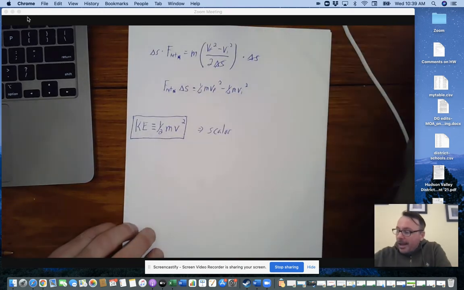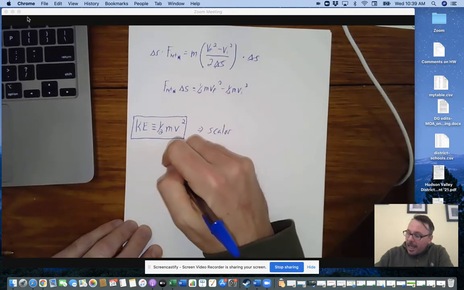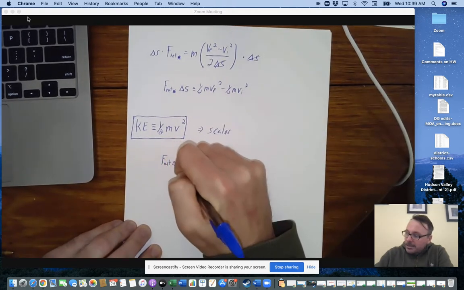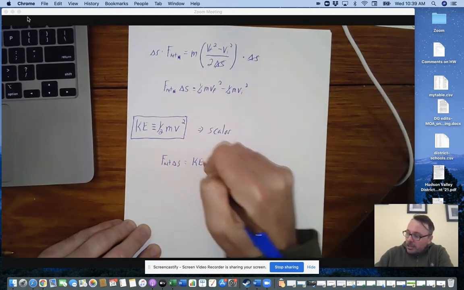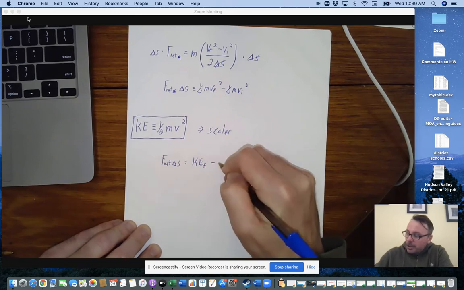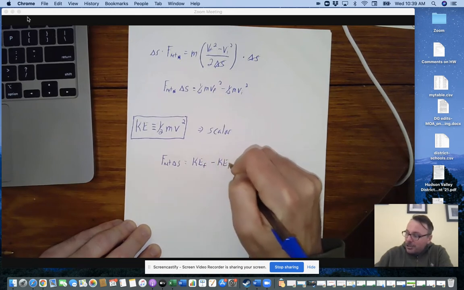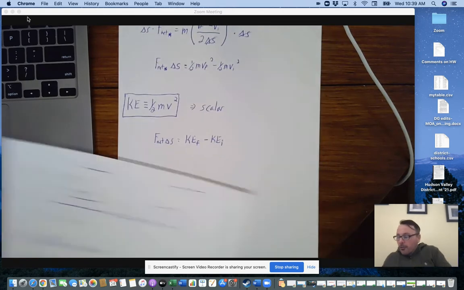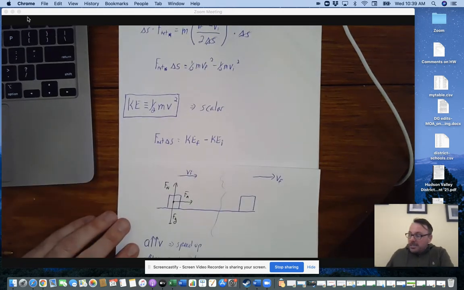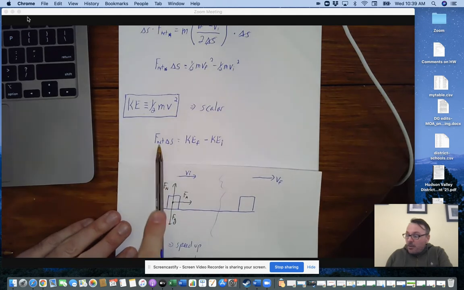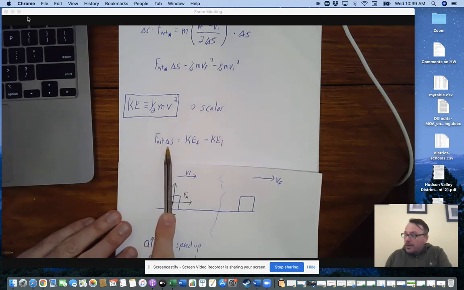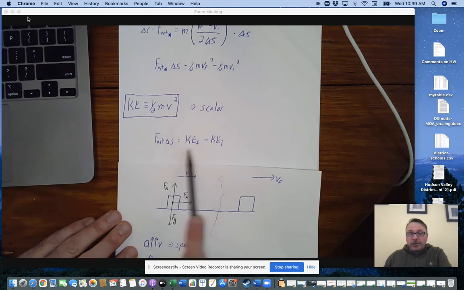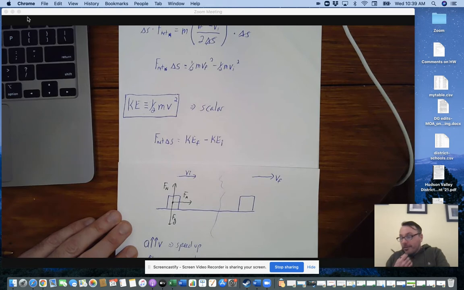So coming back up to this expression, F net delta S is equal to kinetic energy finally after the interaction minus kinetic energy initially. Well, that's delightful. So what's happening on the right side of that equation? This says, if there is a net force that acts over a displacement, this is the change in the kinetic energy that comes out because of that displacement. Yes? Awesome.